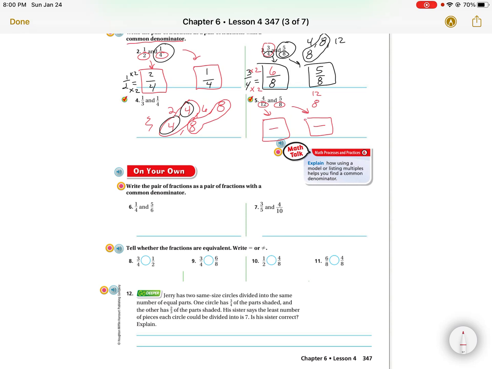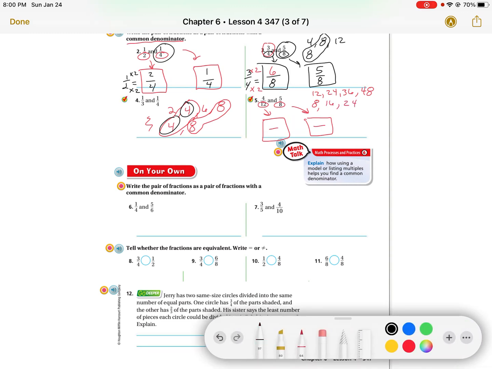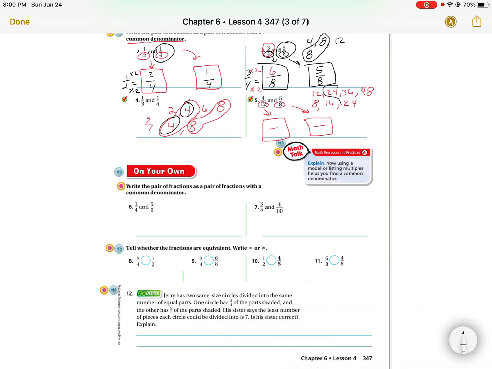And let's skip count by 12s. 12, 24, 36, 48. And I do a couple. Let's do 8s and see if we get a match. 8, 16, 24. As soon as I get a match, I stop. I don't need to keep going. So my least common denominator is going to be 24.